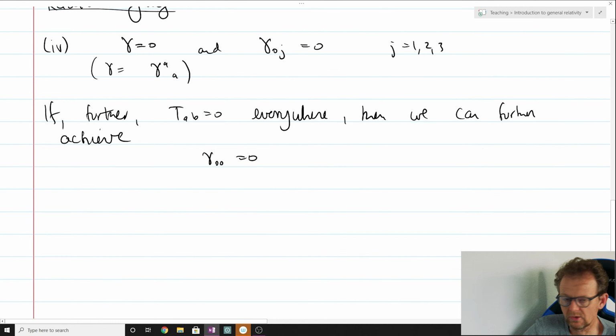So we haven't got to the radiation gauge yet. We have to actually find a vector field psi A that can bring us into this radiation gauge.